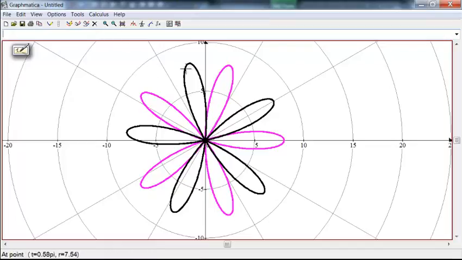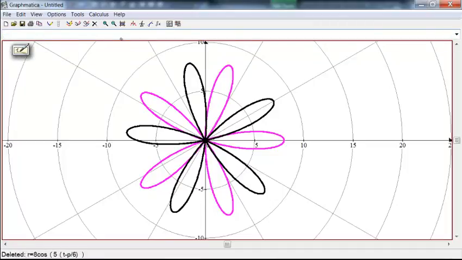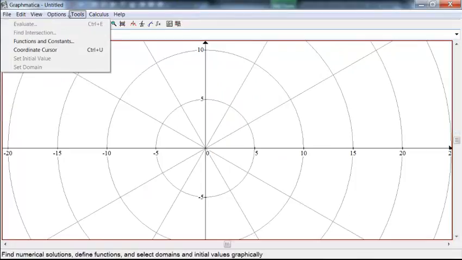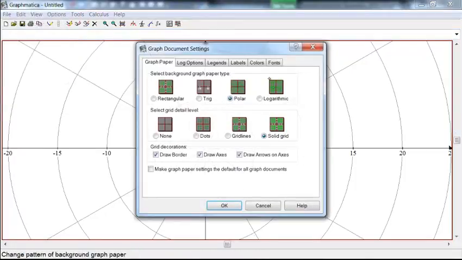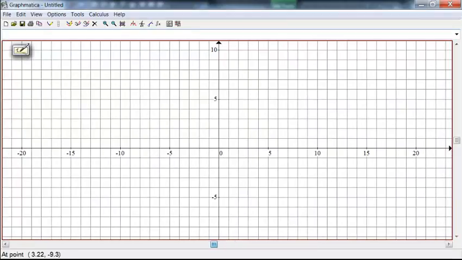And let me put the paper back in regular rectangular coordinate system, coordinate background.